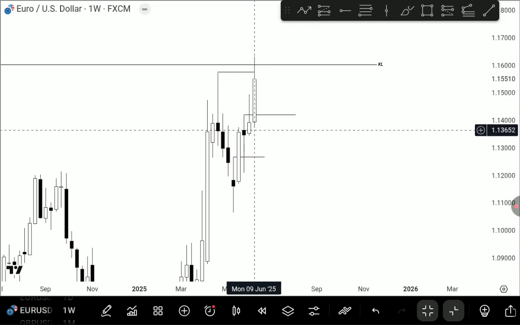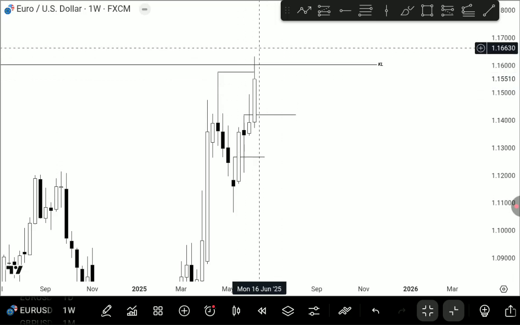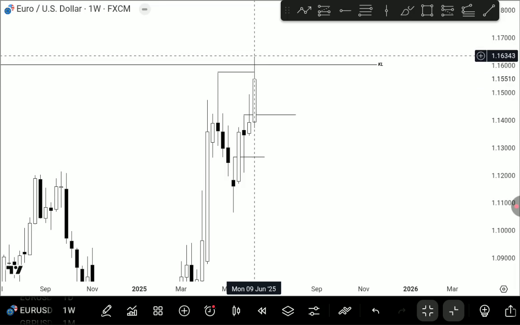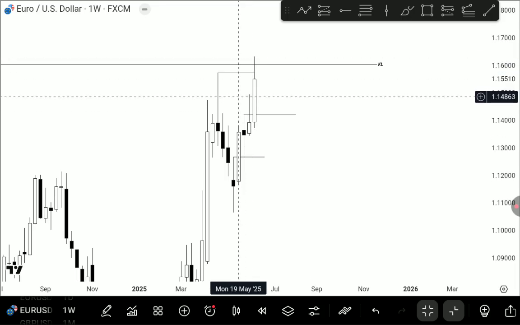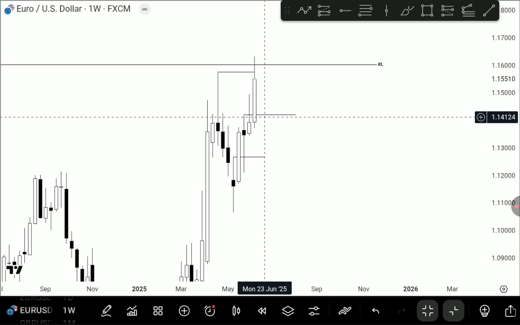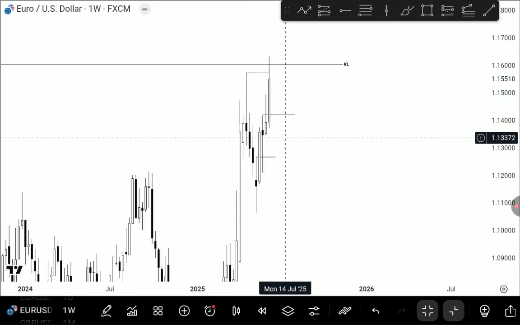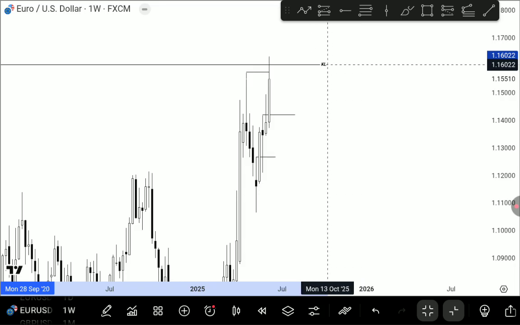I don't know if that's the right English word, or inconfluential over the higher time frame one, right? So a daily key level will not care about your breaker that's on the hourly, right? That's opposing on the hourly, or an FVG that's opposing on the hourly, right? This key level, it's a 3 months key level right here.